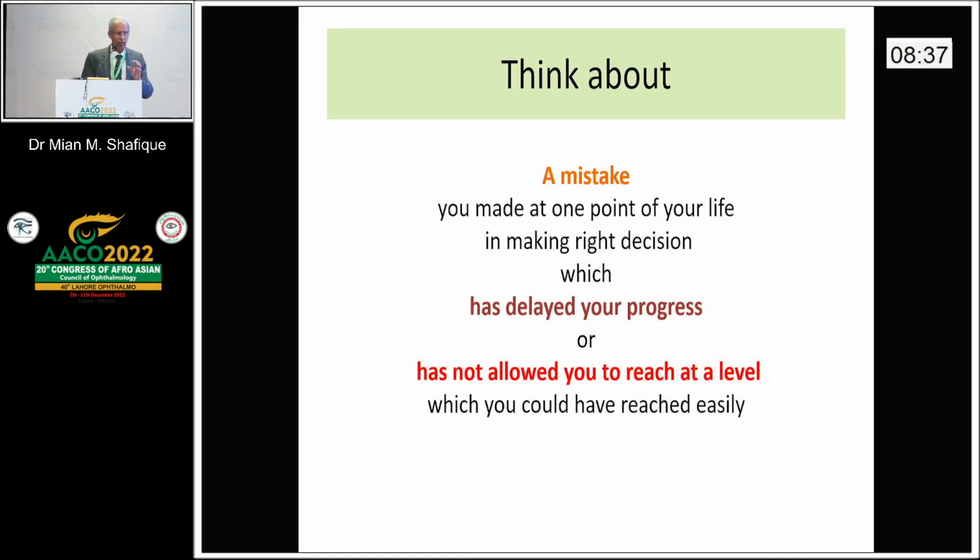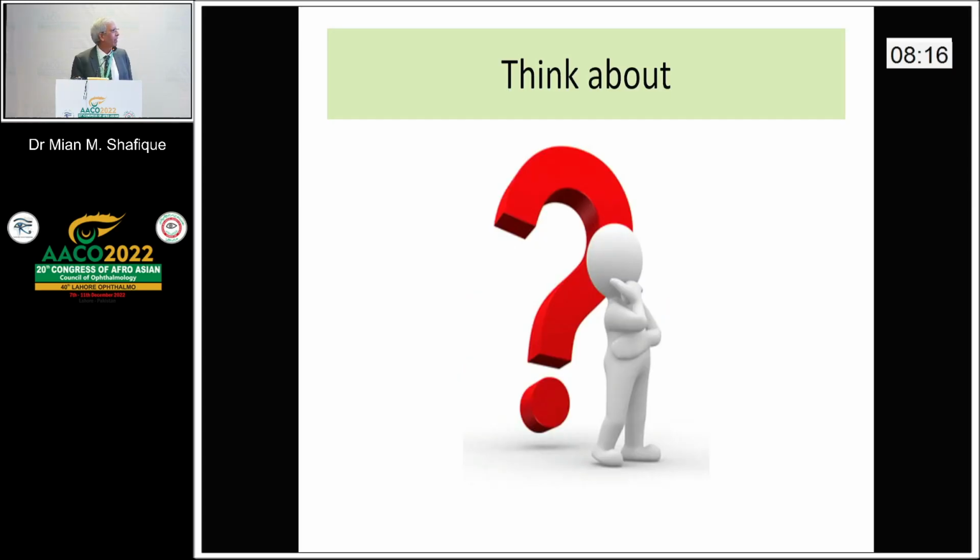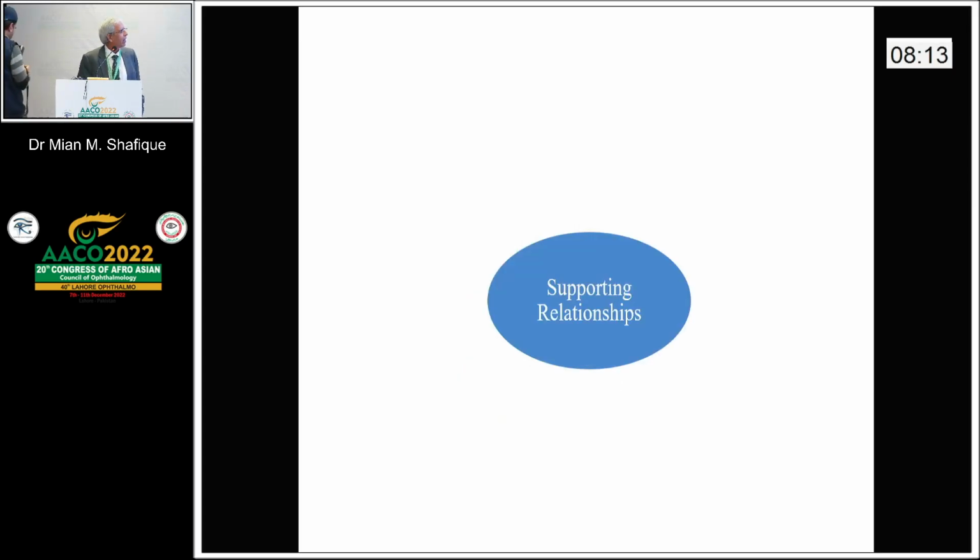One mistake which actually mattered, where you made a wrong decision. I'm sure every one of you is thinking of one moment when you did it. Now think that if some supporting person had discussed that matter with you before you made the decision, he might have stopped you making that mistake.